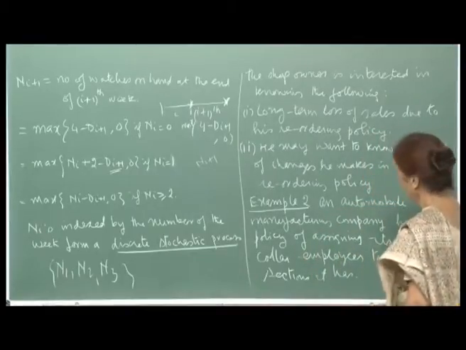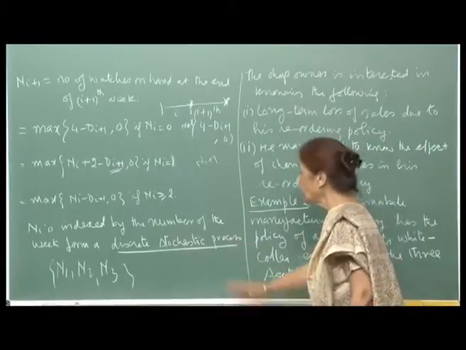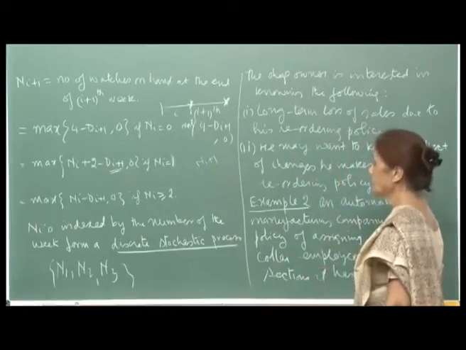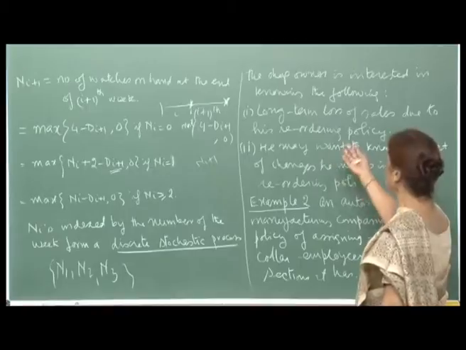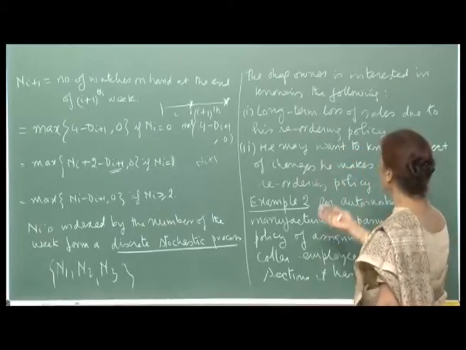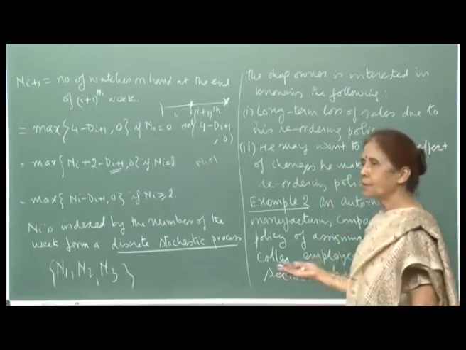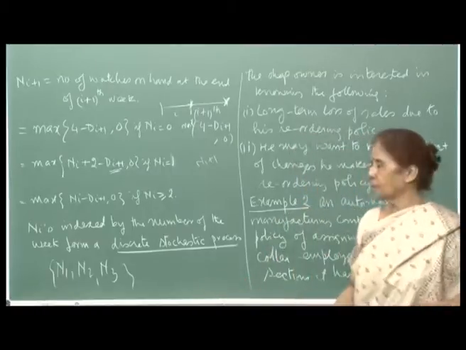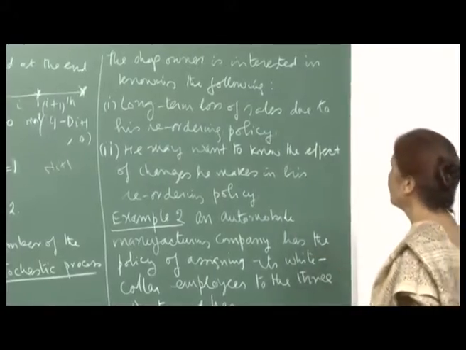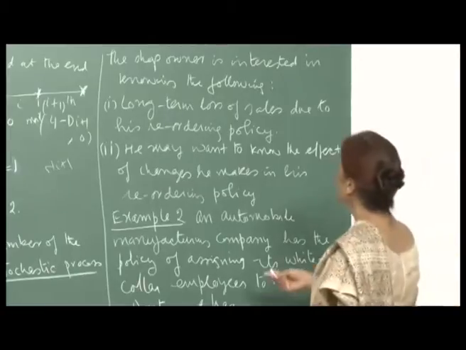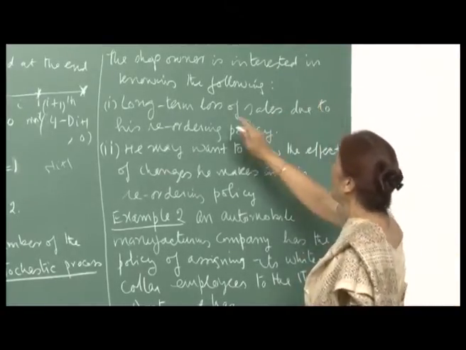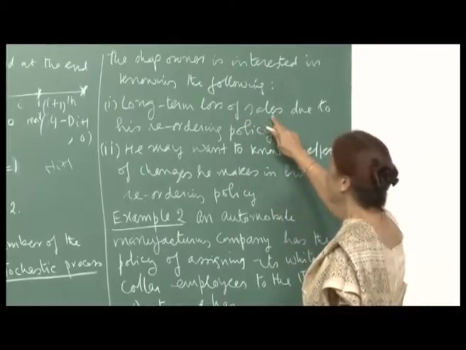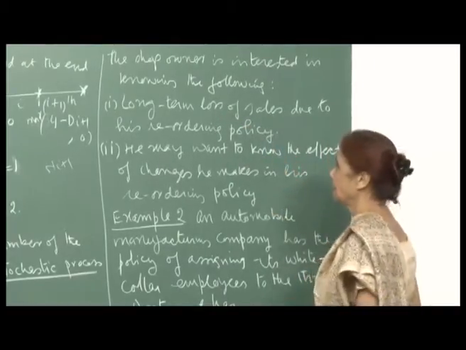Okay, the next question to be asked is why study this. So, for example, I have just tried to state 1 or 2 questions that the shop owner may want to have answered, but of course, there can be many other questions that you can also raise. So, for example, the shop owner is interested in knowing the following: long term loss of sales due to his reordering policy.